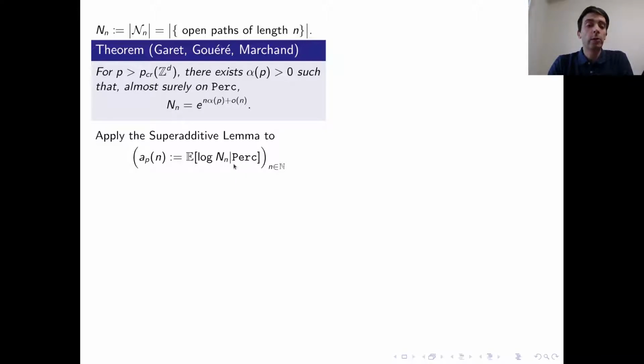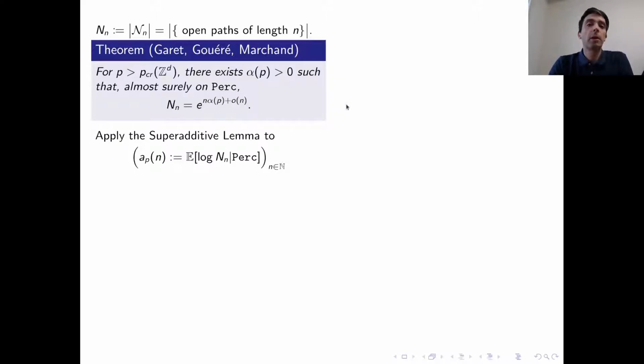If we don't do this, then this quantity here may take the value minus infinity. It turns out that conditioning on percolation is quite a bad operation because this sequence here is not strictly speaking super-additive. So in the paper they had to create a new procedure to deal with this issue and to work quite hard to get the result.